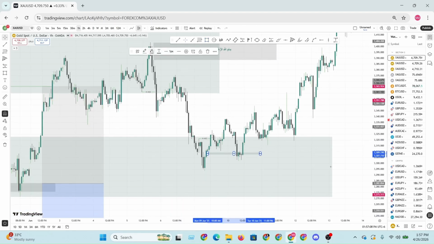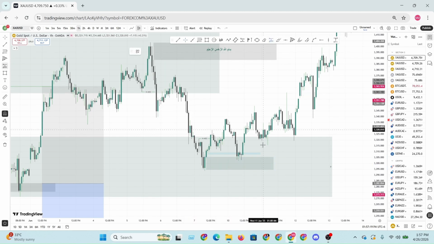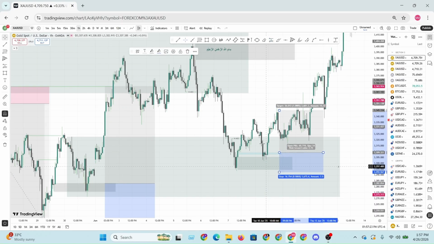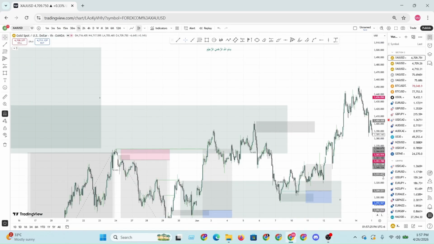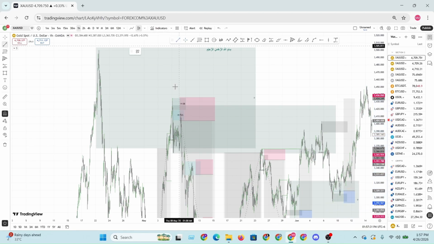This is FVG and this is an order block. Then you will place an order here, and now the target will be this high, this liquidity.